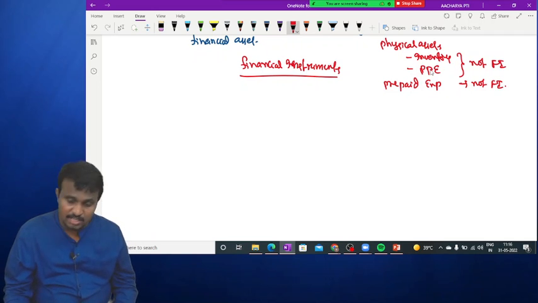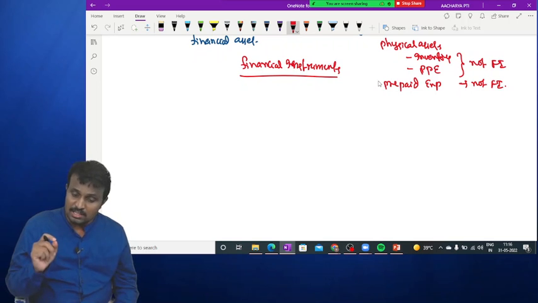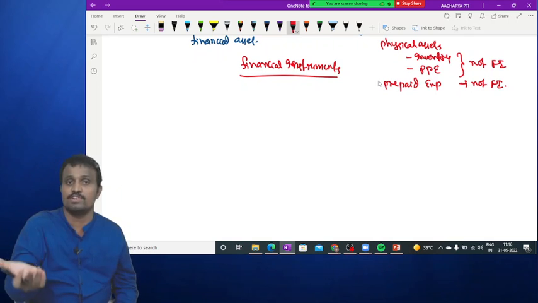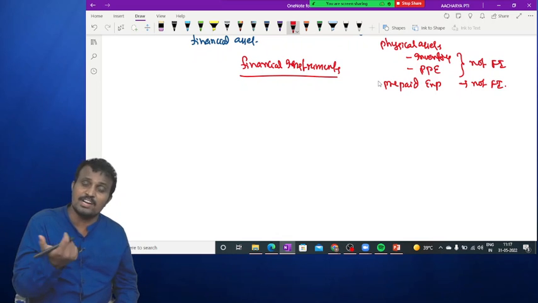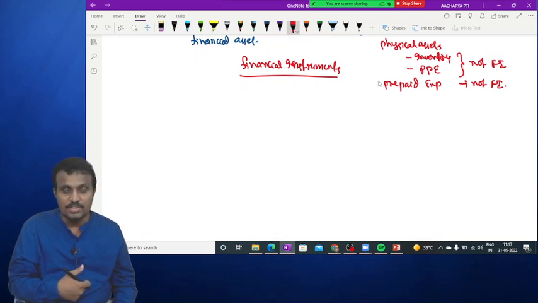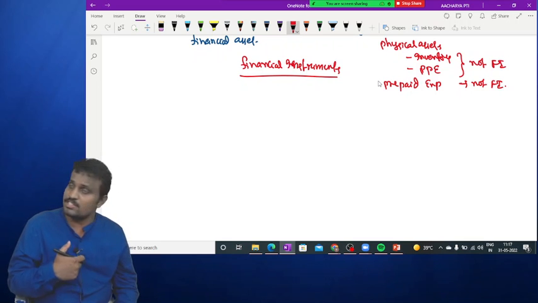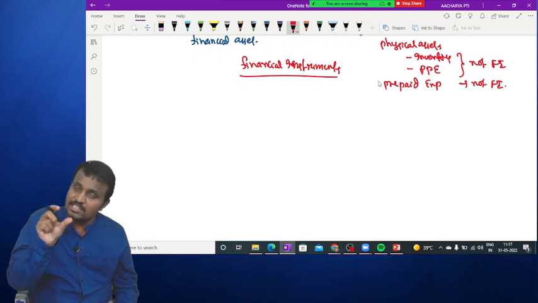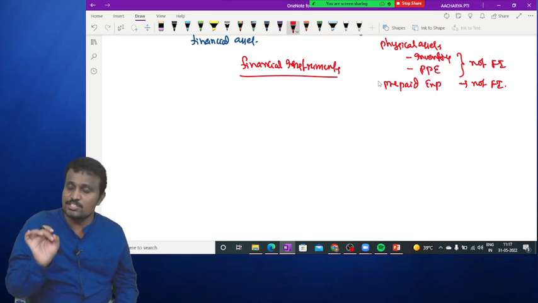But coming to inventory, the transactions incurred in relation to the inventory, like sale of goods on credit basis, will become a financial instrument because it creates a financial asset to one person and a financial liability to another person. Purchase of goods on credit basis will become a financial instrument, but physical inventory itself is not a financial instrument.